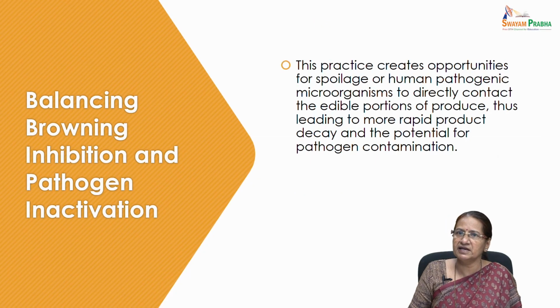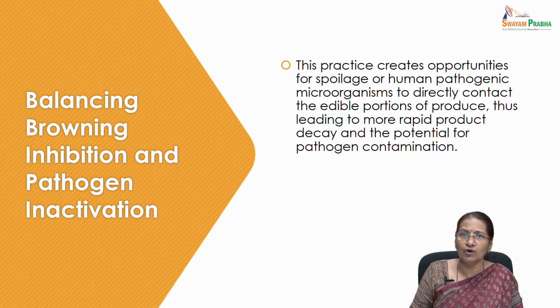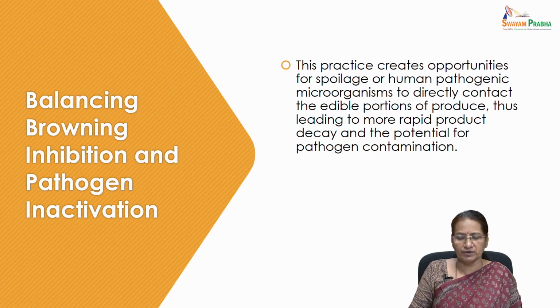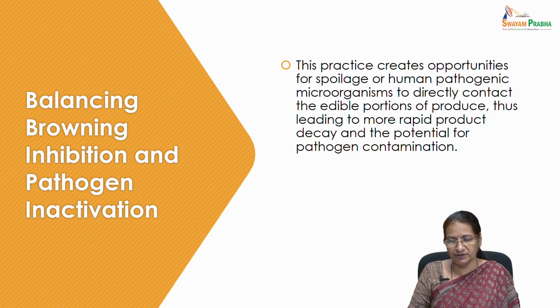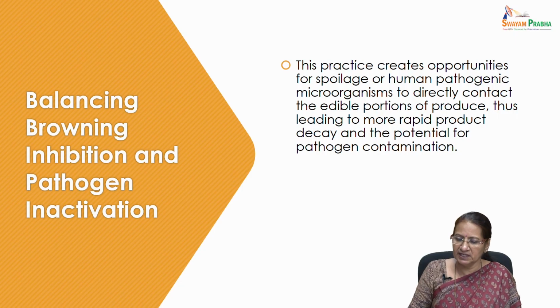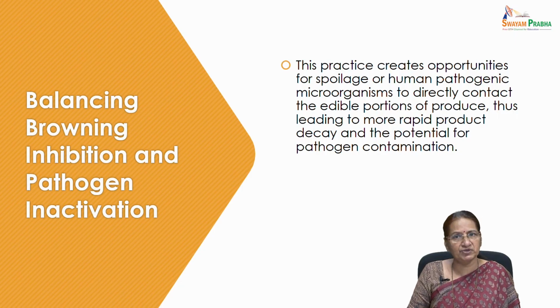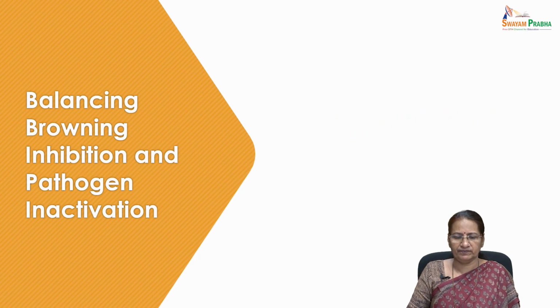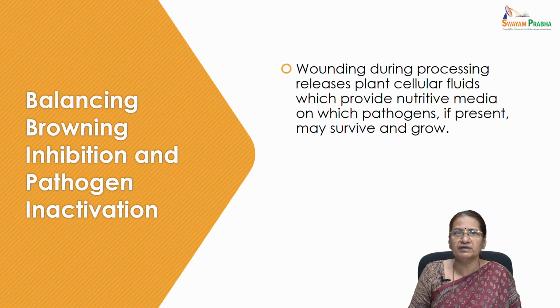This practice creates opportunities for spoilage or human pathogenic microorganisms to directly contact the edible portion of produce, thus leading to more rapid product decay and the potential for pathogen contamination. Wounding during processing releases plant cellular fluids which provide nutritive media on which pathogens, if present, may survive and grow.